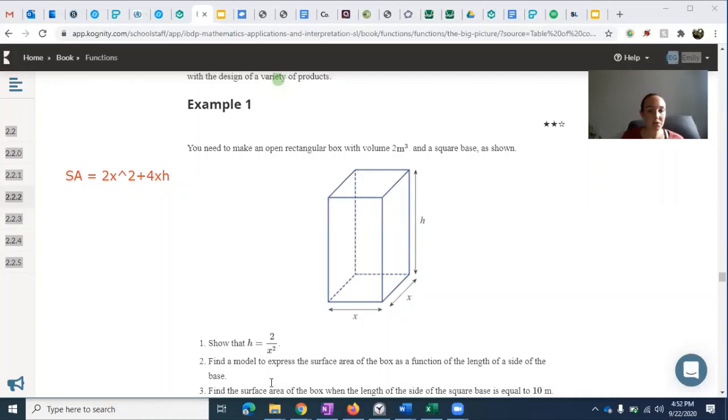We want to use this as a function of the length of one side of the base. This is where this gets a little bit tricky, because right now we have this written as a 2-variable function, right? We have x and h. So we want to rewrite this so that we only see x.